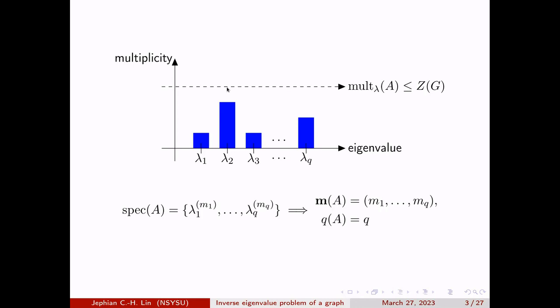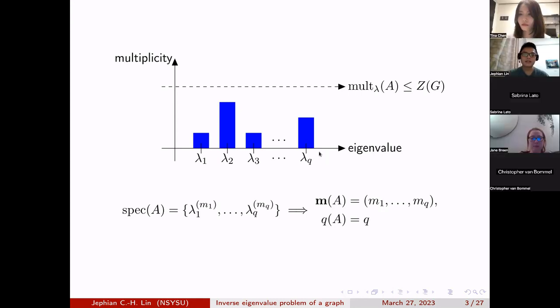And if I run through all the matrices in S of G, what is the maximum of the maximum multiplicity of all the matrices? On the other hand, I can look at the width. If you give me a matrix, then I have the number of distinct eigenvalues, and I want it to be as small as possible. So among all the matrices in S of G, what is the smallest q that I can find in S of G?